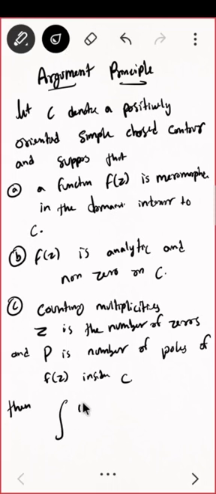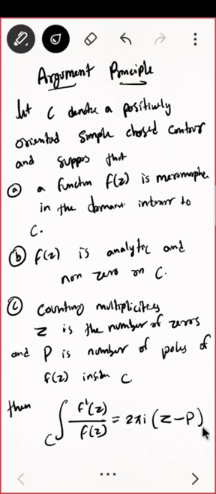the integral of f dash of z upon f of z over that contour C is equal to 2 pi i times (Z minus P). If you see a question where the integral has the derivative on top and the function at the bottom, then the answer will be 2 pi i times (Z minus P).